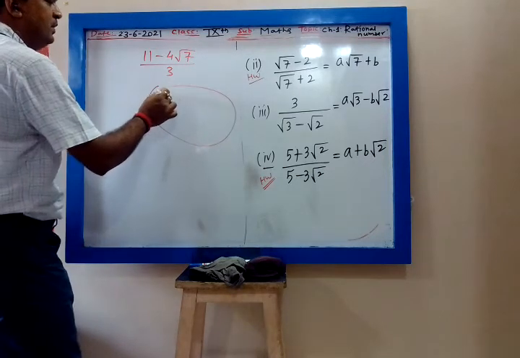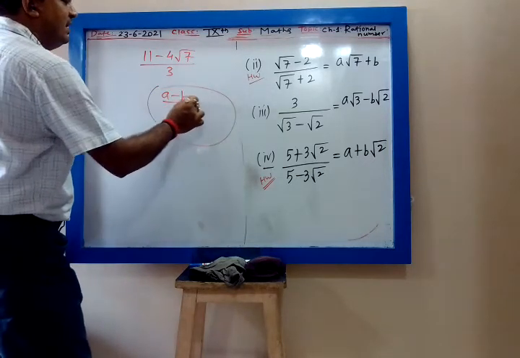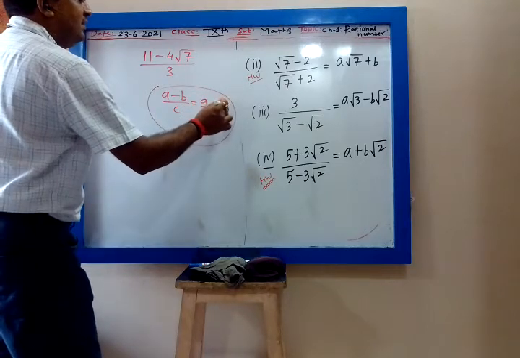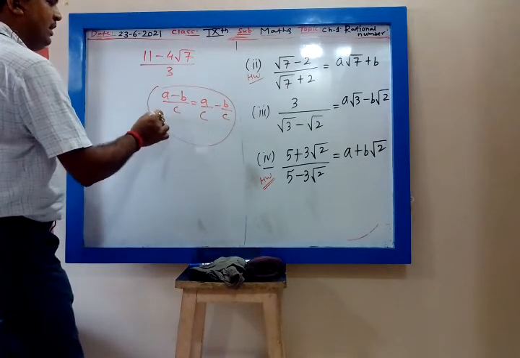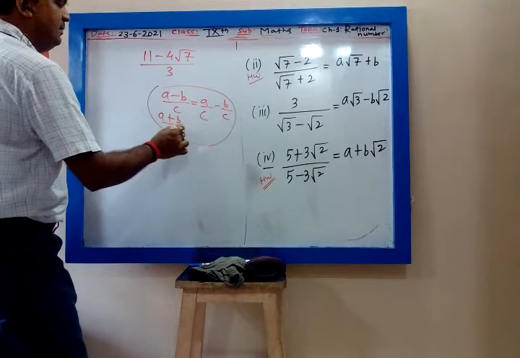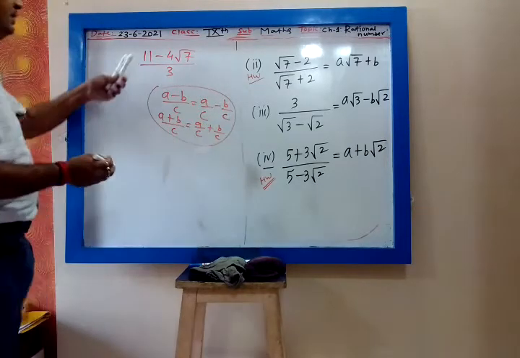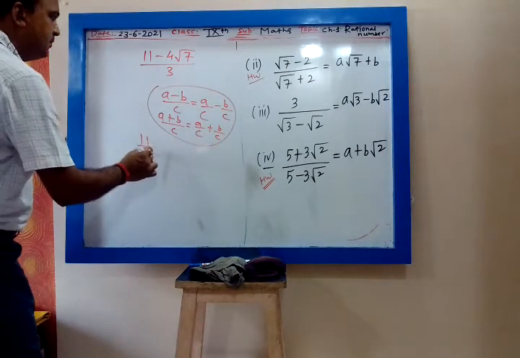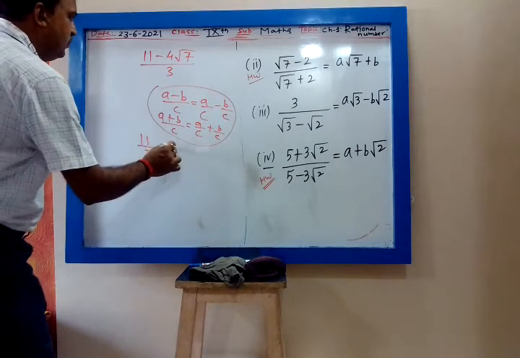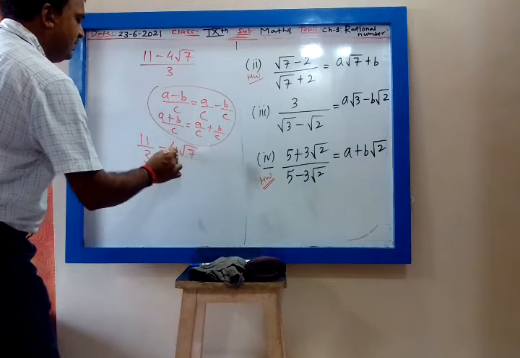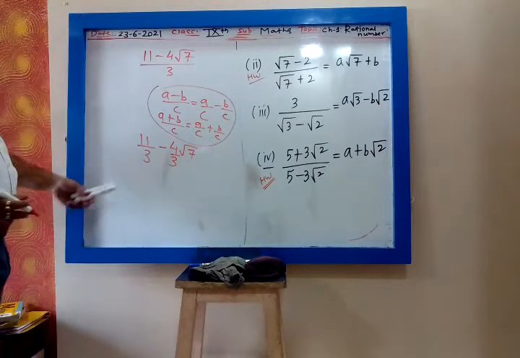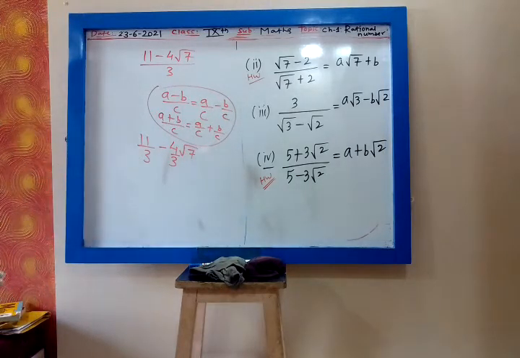What is the basic rule? a minus b by c, I can write as a by c minus b by c. Similarly, a plus b by c, I can write as a by c plus b by c. Use this basic rule. So this will be 11 by 3 minus 4 root 7 by 3, that is 4 by 3 root 7.